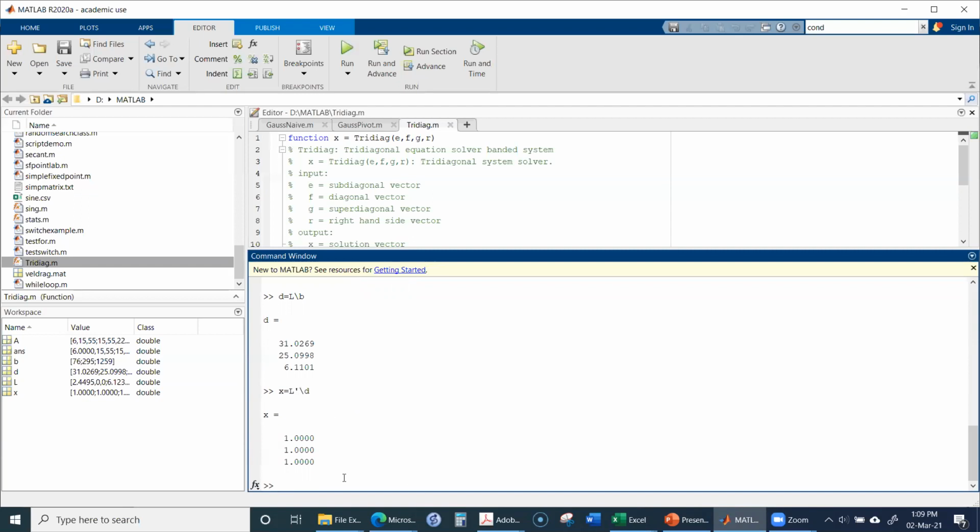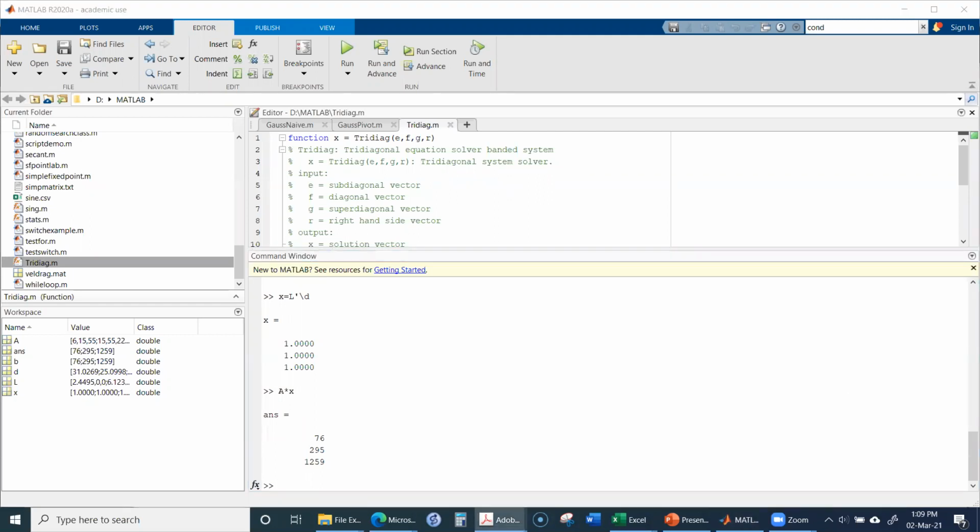To verify whether the solution is correct, I can multiply A times X, and I will get this matrix B: 76, 95, and 1259. So this is the application of the Cholesky's function.